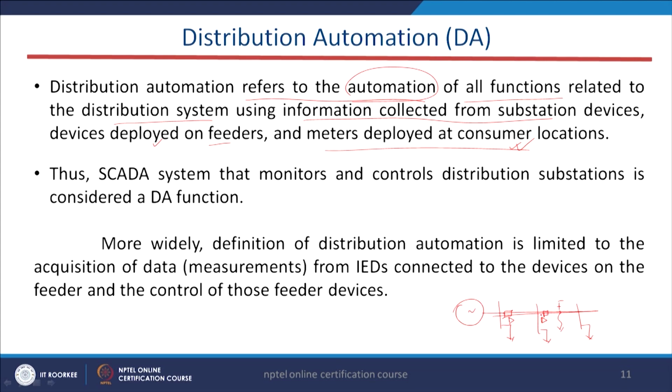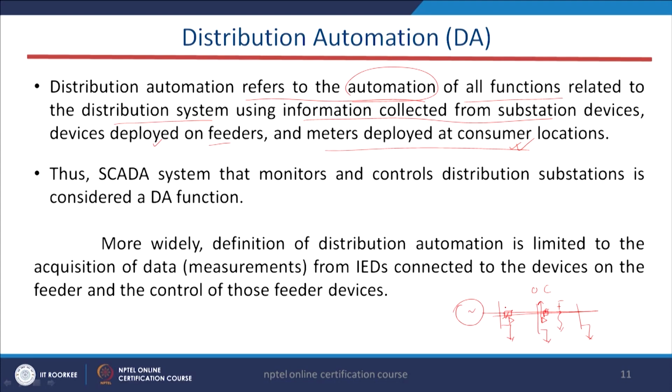Suppose it is an overcurrent relay: if the relay sees the current is beyond the set value, the relay will react and give a trip signal to the circuit breaker. This is the circuit breaker, this is also one circuit breaker. The circuit breaker basically opens the section.